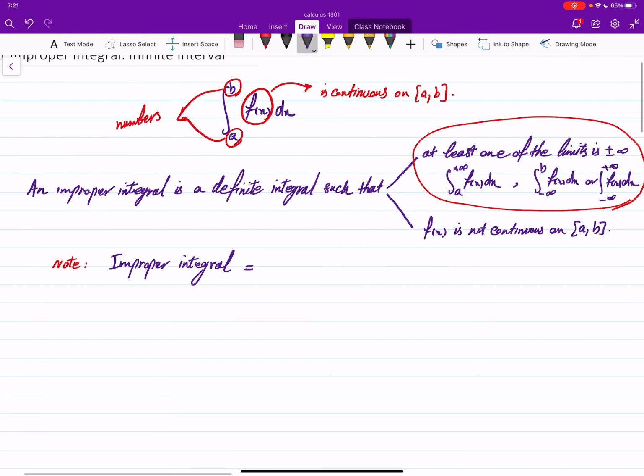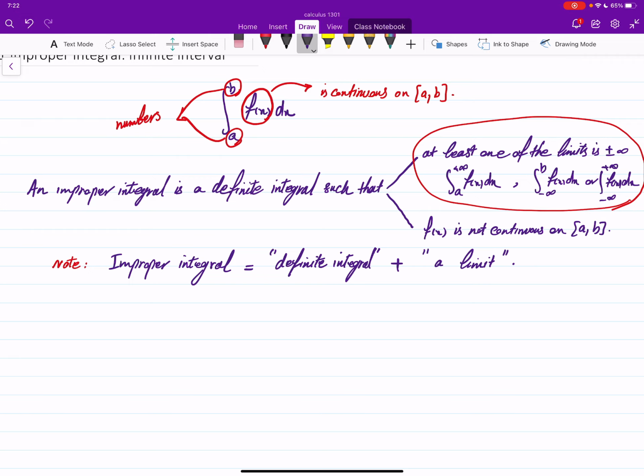This is the way I like to put it: it is a definite integral, but you have to bring in a limit as well. So you have a definite integral and a limit as t goes to plus infinity, or t goes to minus infinity, or t goes to one number, which is where the continuity fails in [a, b]. An improper integral is not just an integral. You always should think of a package, which is a definite integral and a limit as t goes to something.